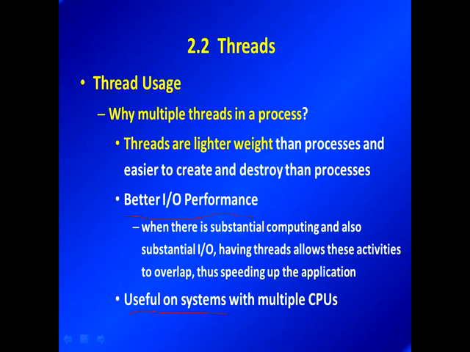We divide one process into multiple threads and put them on multiple CPUs in a physically parallel way, and we can get the results much faster than putting this process on just one single CPU. So we have listed some reasons why the operating system supports multiple threads in a single process.